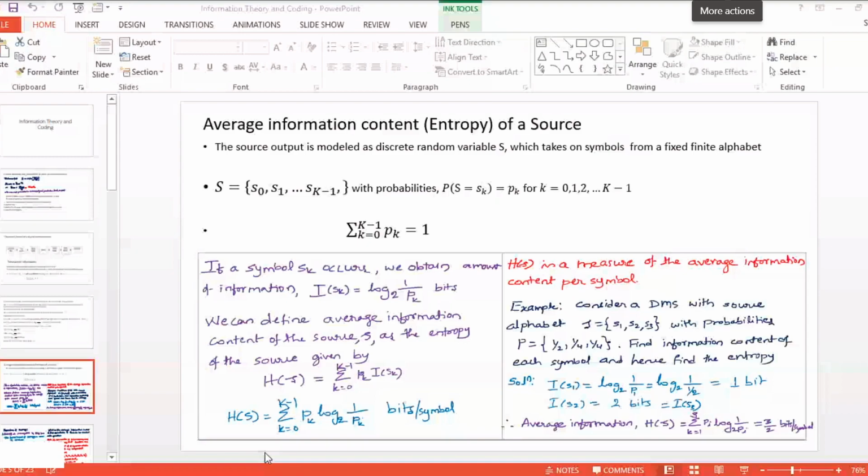Excuse me, sir. When we evaluate these symbols, because the symbols are discrete, we can't say that we get 3 by 2 bits for every symbol, right? On an average, I'm telling, on an average. Sir, application wise, should we say we get 3 bits for every 2 symbols, or just 3 by 2 bits for every symbol?